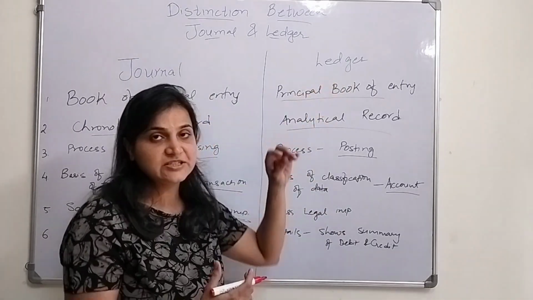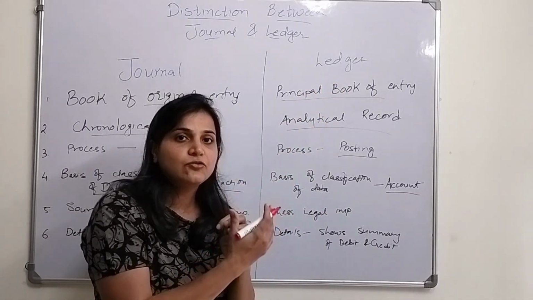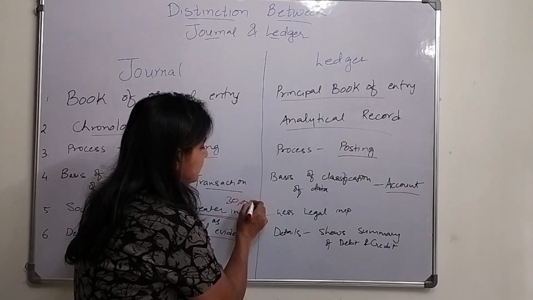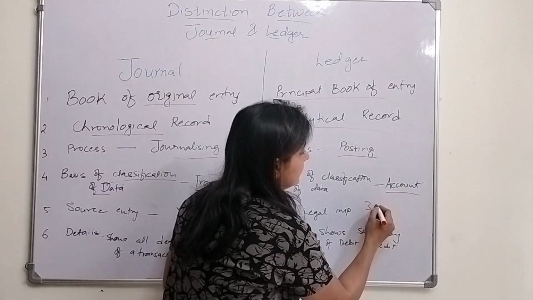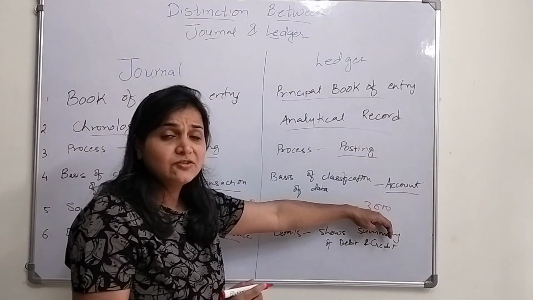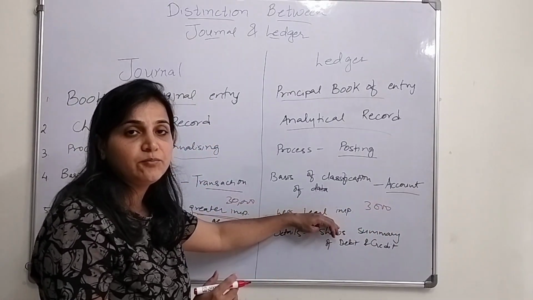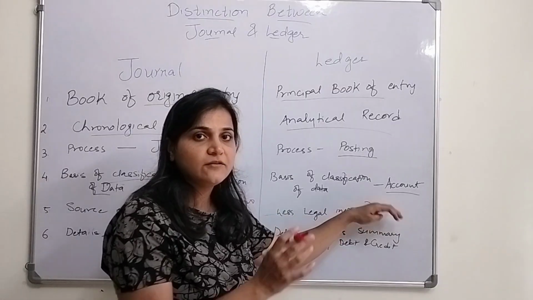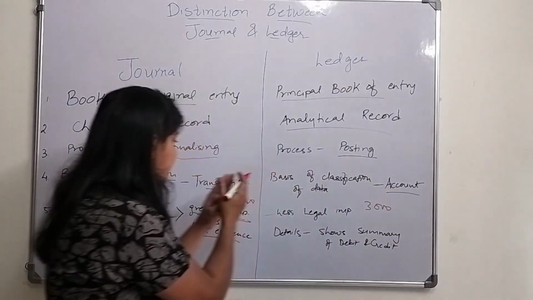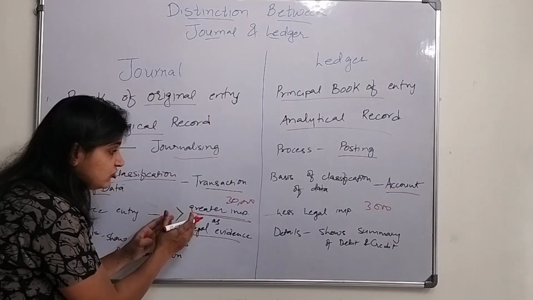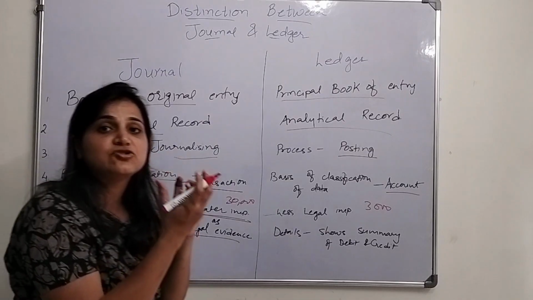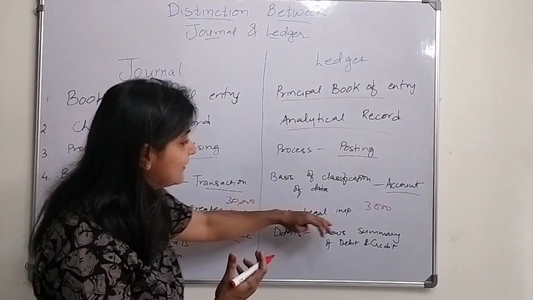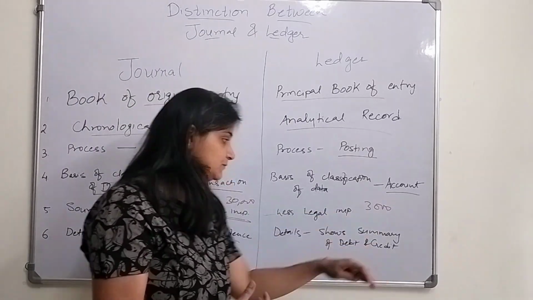It may so happen that there is an amount of 30,000 and by mistake you write 3,000. So the ledger has less legal importance, because we can't cross verify it directly. We can only cross verify it with the journal, and with the journal we can cross verify it with the source document, the source evidence. So the journal has more importance as compared to the ledger.